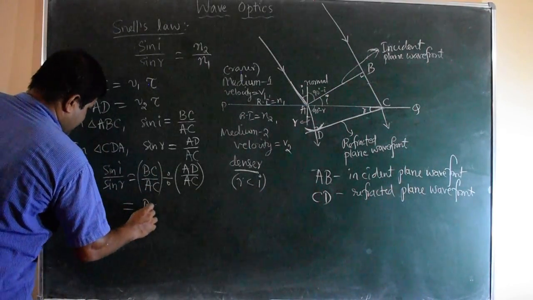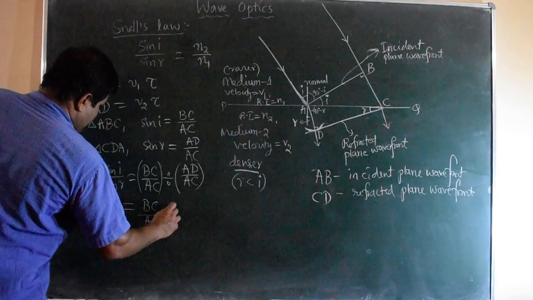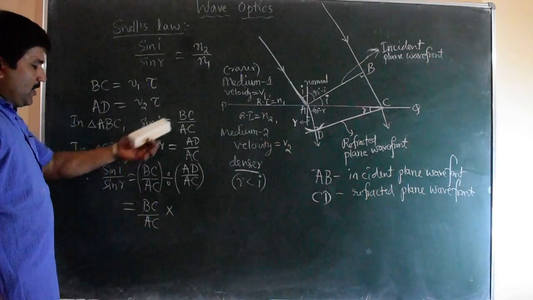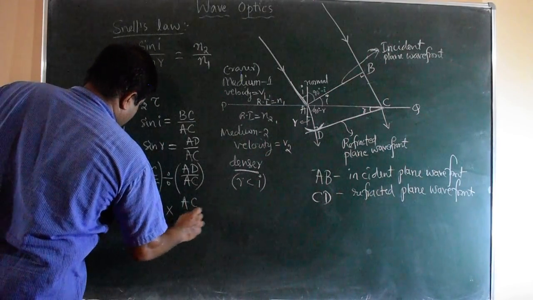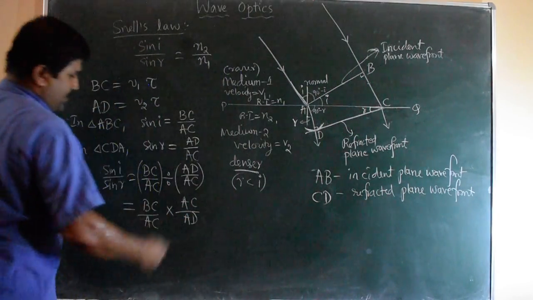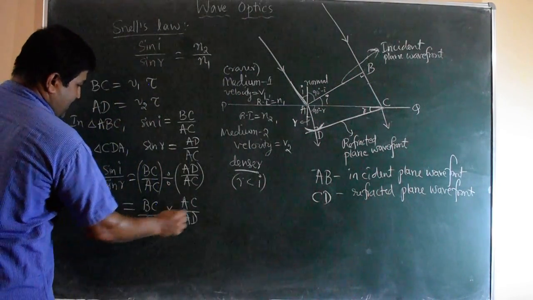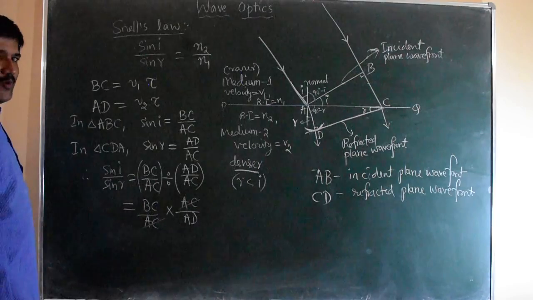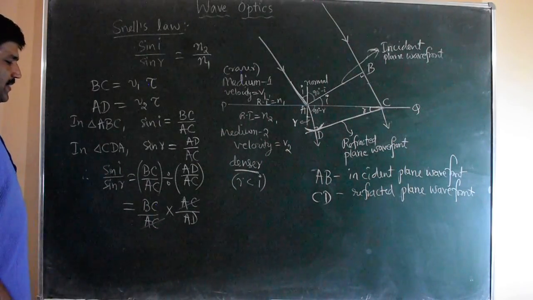So that is BC by AC into the reciprocal, AC by AD. Now you can observe that the AC in the numerator and denominator are the same length, so they cancel.